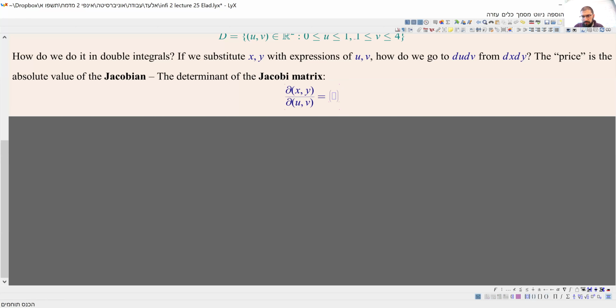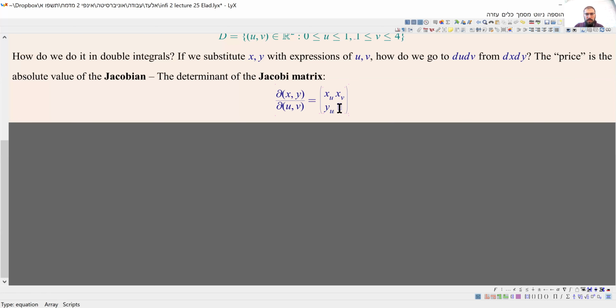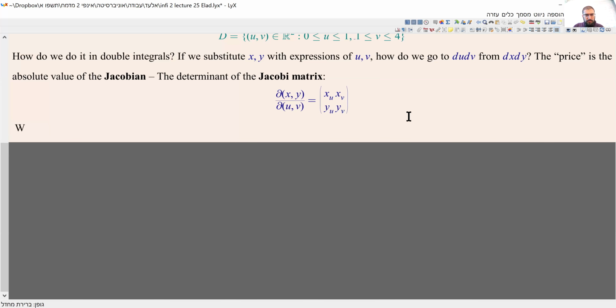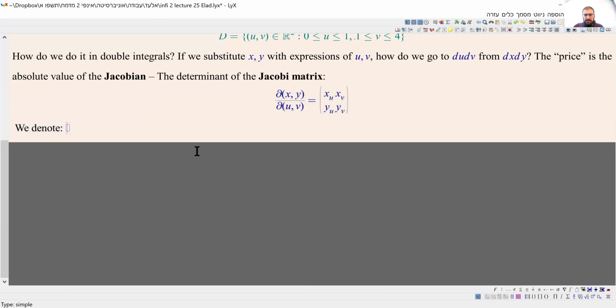So in parentheses: x_u, x_v, y by u and y by v. We denote the determinant of this matrix with J.